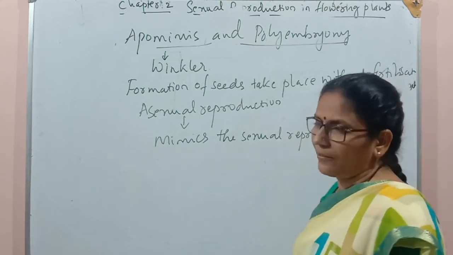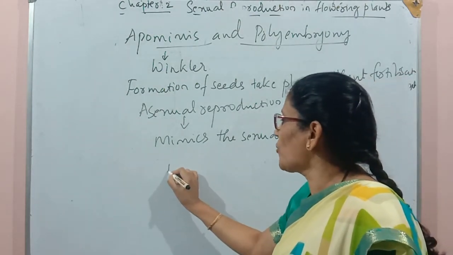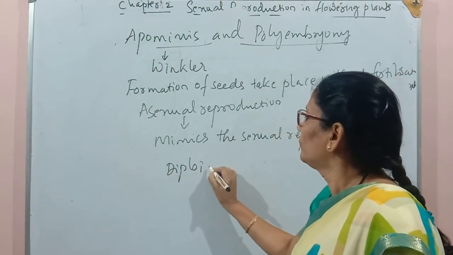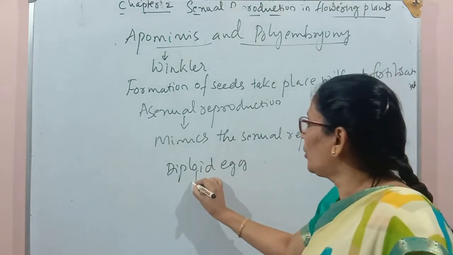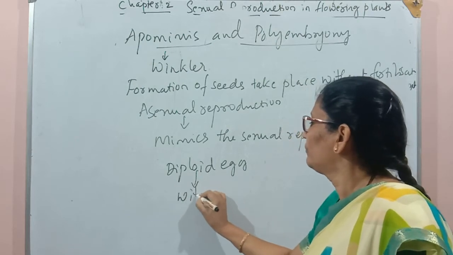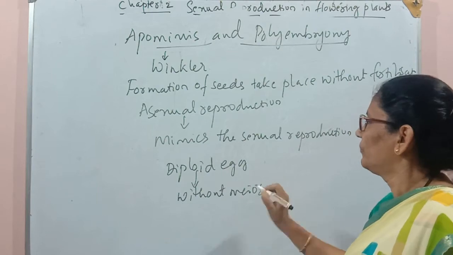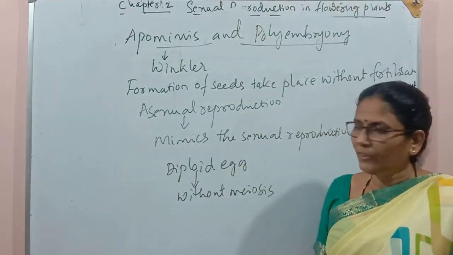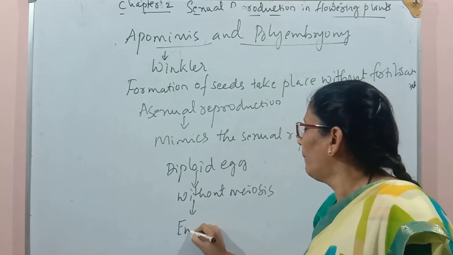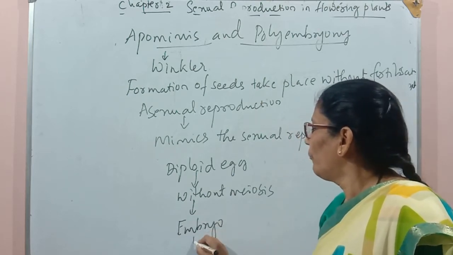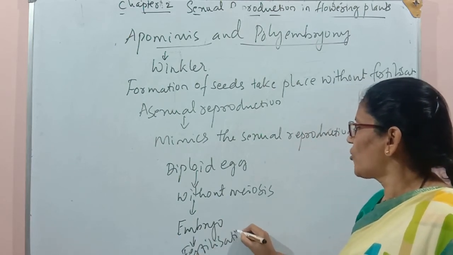Then how does it happen? In some species, there is a formation of a diploid egg without reduction division, that is, without meiosis. And this diploid egg develops into an embryo without fertilization.